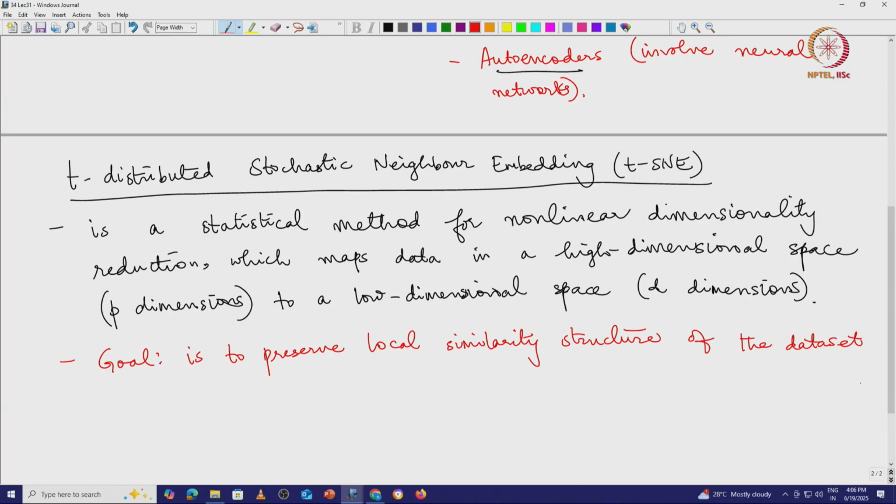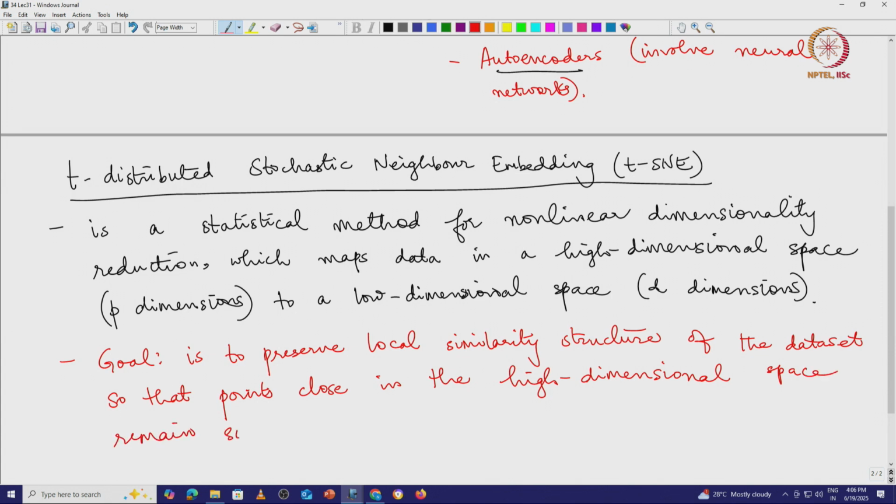so that points that are closer in the high dimensional space remain so in the low dimensional space as well.